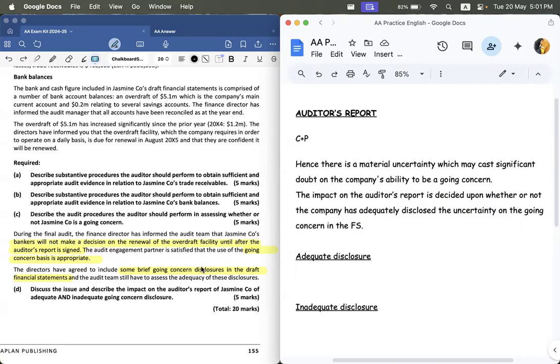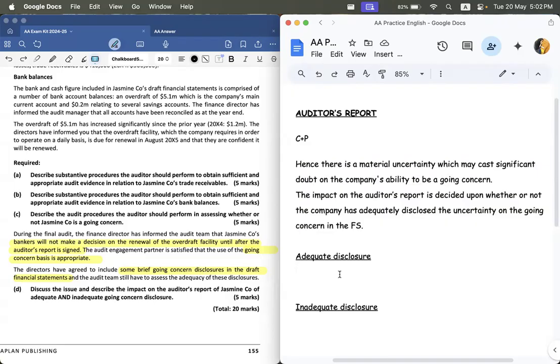I'm repeating: if the company has disclosed the going concern concept in the FS clearly and correctly, then in your auditor's report you're going to include a paragraph called material uncertainty relating to going concern. In this section, the auditor is going to say that his opinion has not been modified.